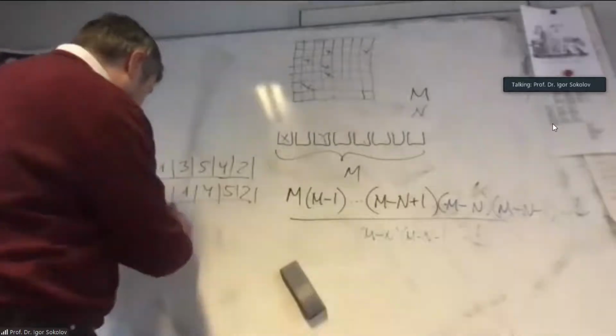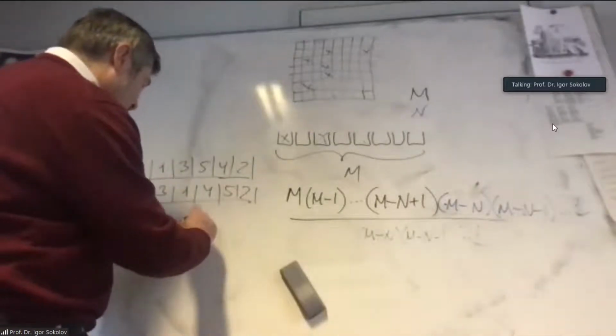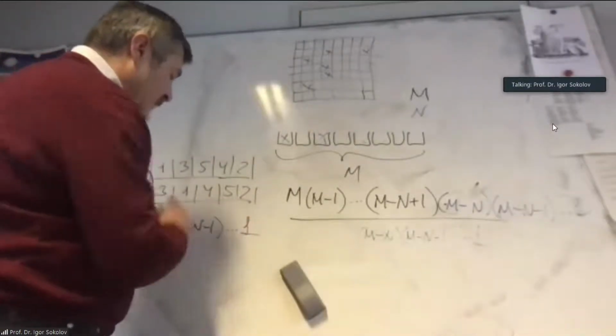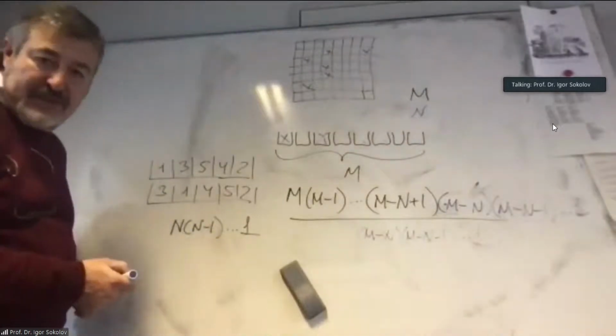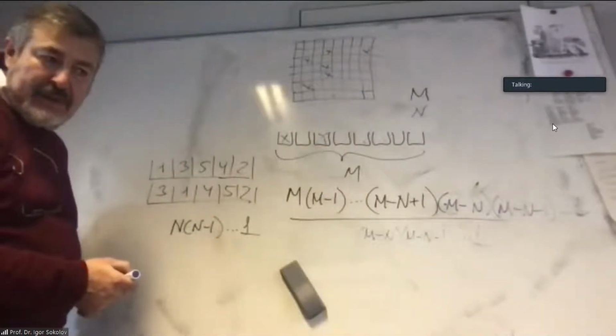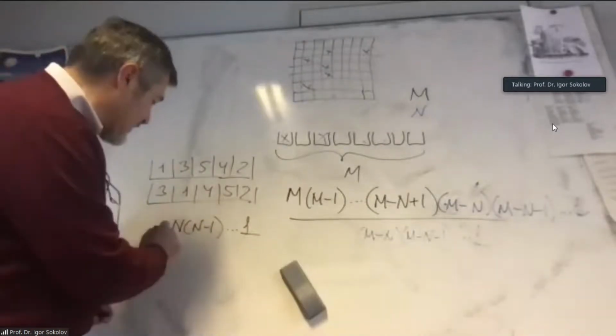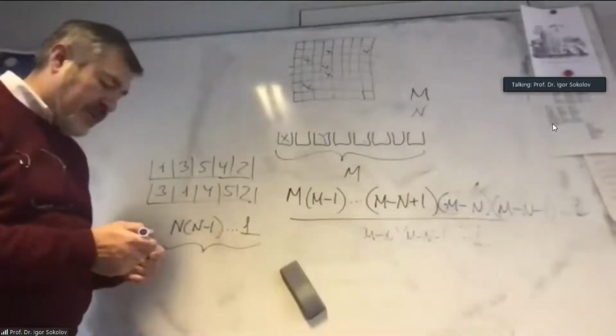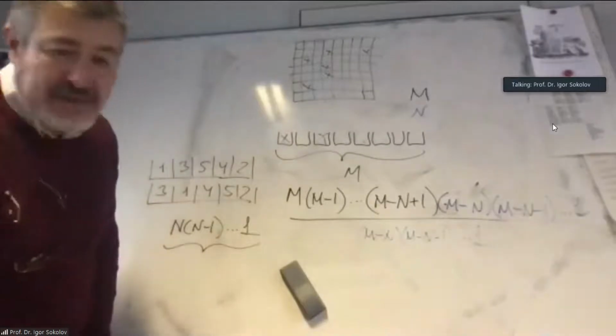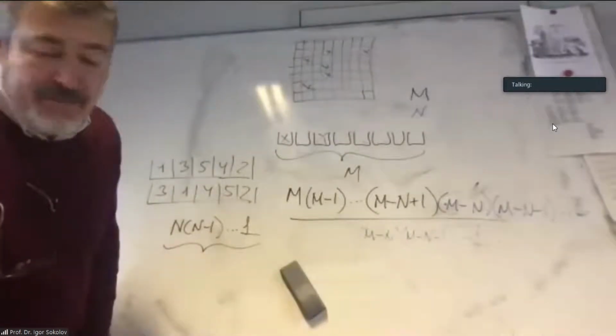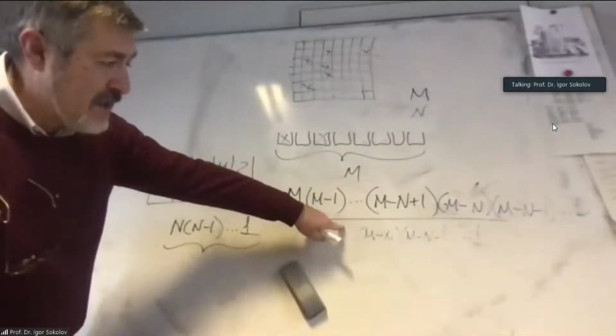So I have N factorial ways to renumber the objects. If they are indistinguishable, this is exactly the number of different configurations I cannot distinguish, but they count differently here.